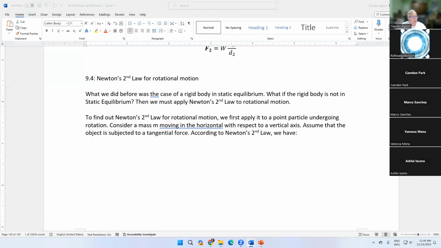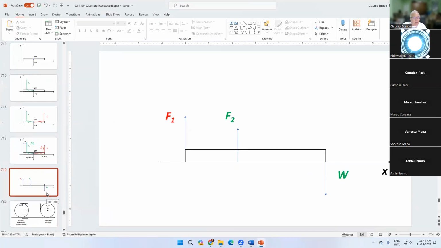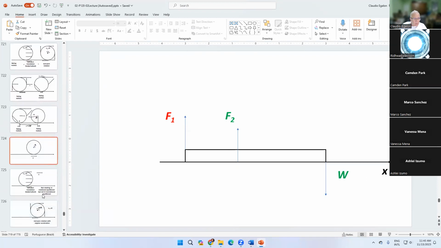That's why it is accelerating. So consider that if we have something like that, an infinitesimal mass part of the object. Let's see if I can get it drawn here for you.